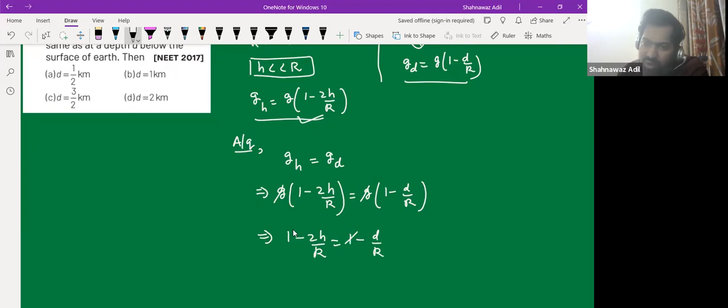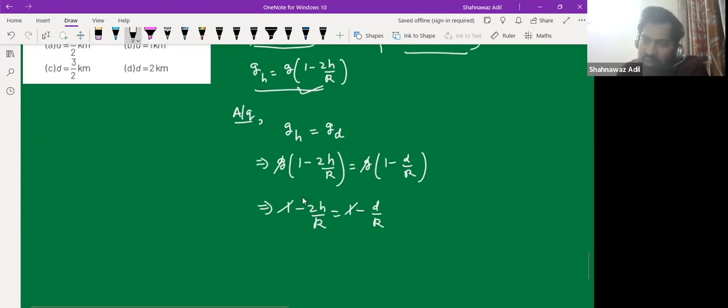So this will also cancel, right? Because if we take 1 to the other side, 1 minus 1 would be 0, so 1 is also cancelled. Then this minus minus will cancel, right? So h by r would be d by r. So r will cancel, and d would be simply 2h.